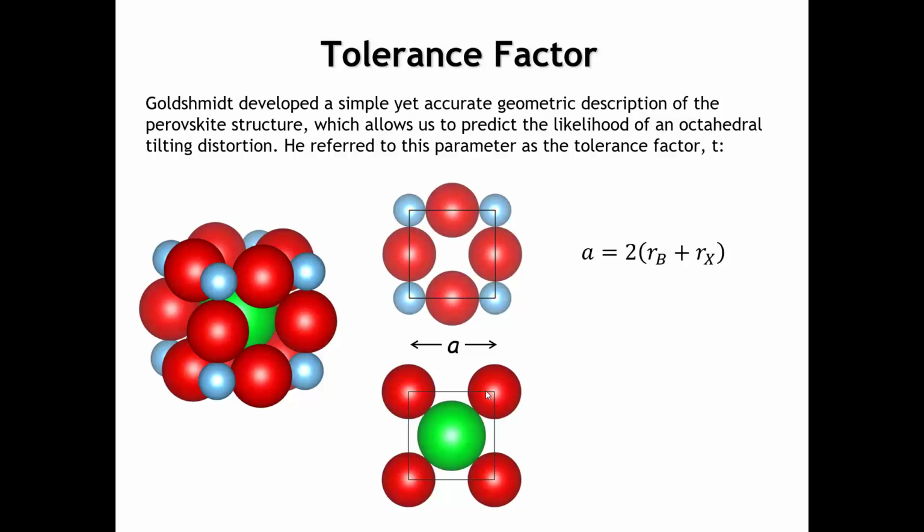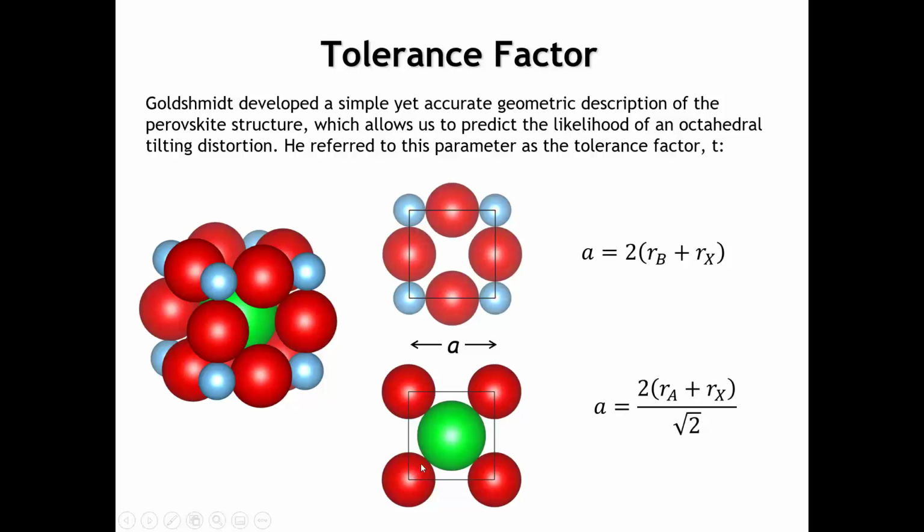If we were to define it in terms of the smaller octahedral cation, you see we have one radius of the small cation, two radii of the anion, and then one more radius of the small cation. So we call that small cation B. That's often done. We can say that unit cell edge length is twice the radius of B plus the radius of the anion X. Now, if we go to the lower drawing, there the ions are touching along the face diagonal.